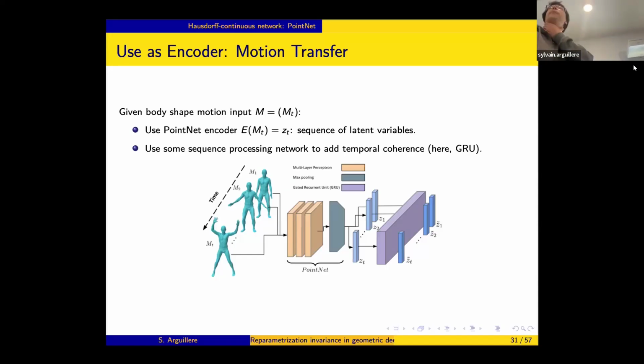So what is a sequence processing network? This one is called a gated recurrent unit. I think it's one of the basic things used for processing some kind of time sequence. I'm not sure how it works exactly.